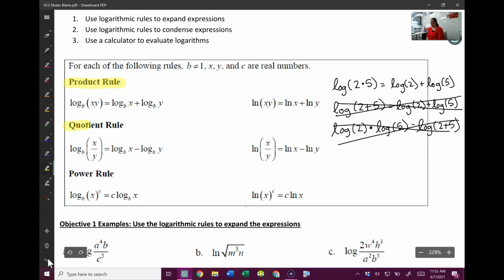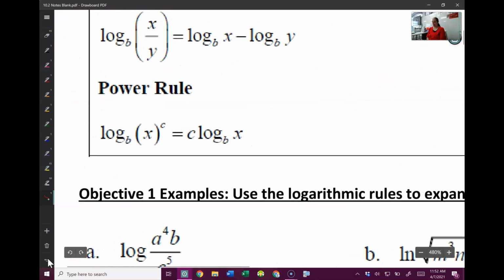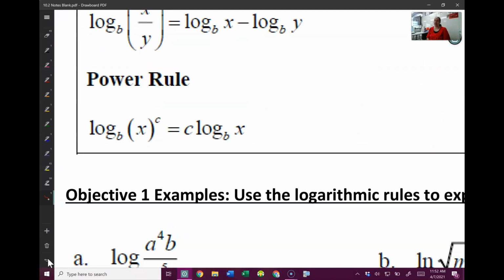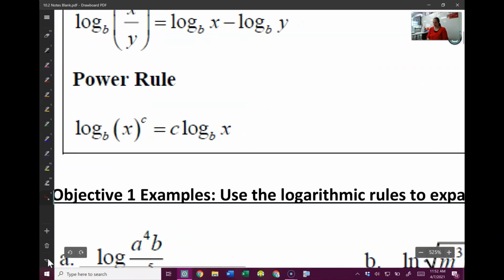The second rule is the quotient rule. So if multiplying changes to addition, then it would make sense that dividing changes into subtraction. So that's your quotient rule. The power rule is the last one, and I think it's probably the weirdest.